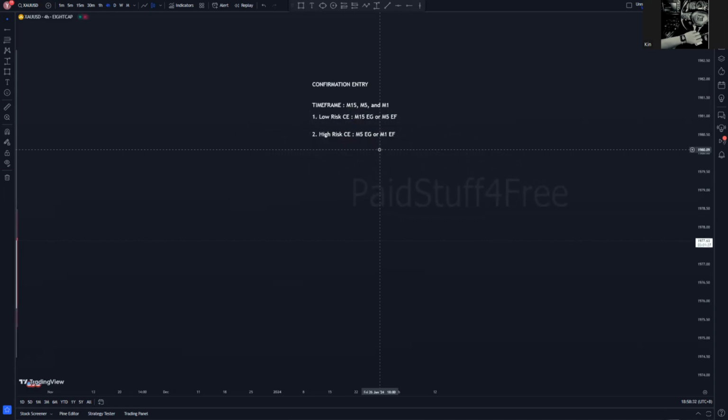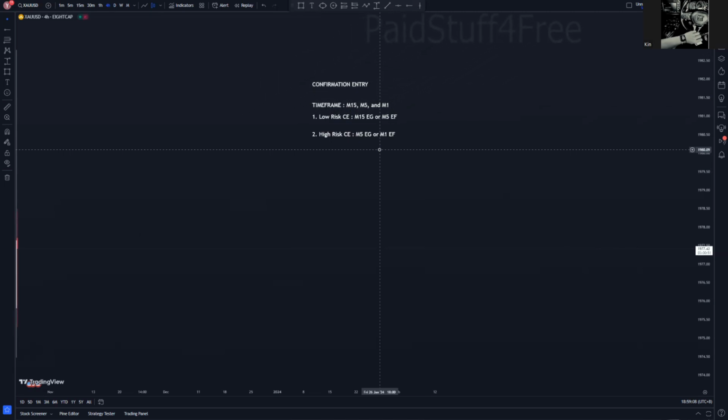Talking about the confirmation entry, I can't even tell which one is the best or the weakest or the strongest, because when we talk about the confirmation entry, this is actually subjective. So let me tell you guys about the observation that I did last year for about 8 months just for this topic.